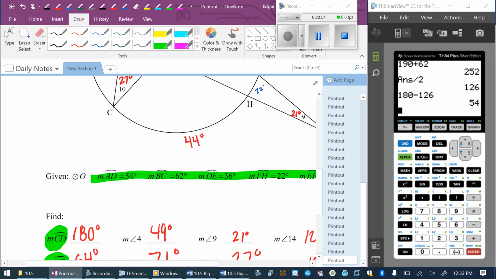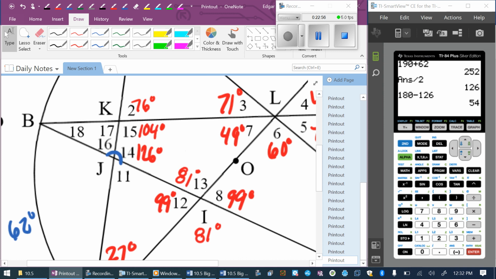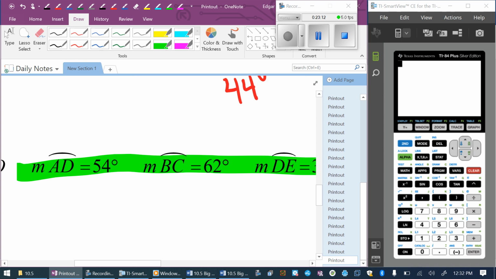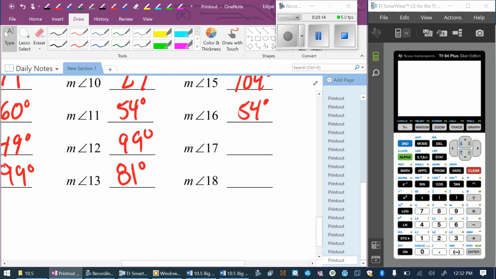And let's see, angle 17, and I'm not going to write them in there because it's kind of cramped in there. But this should be a linear pair as well. So once again, and actually, even easier than that, these are vertical angles. So that's it. 17 actually has to be 76 as well. And we're going to have one last problem to do.